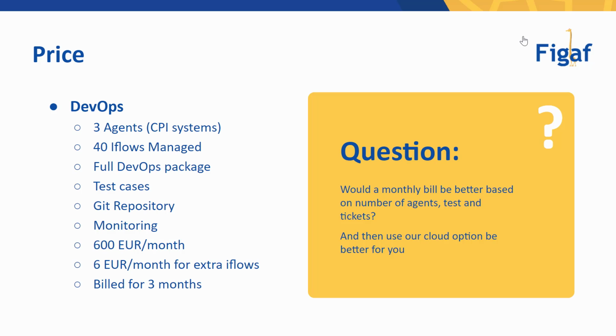Or do you just want a fixed one where you can say for the next year this is going to cost this much? I would like to hear if that resonates and would be a better approach for you to scale this.